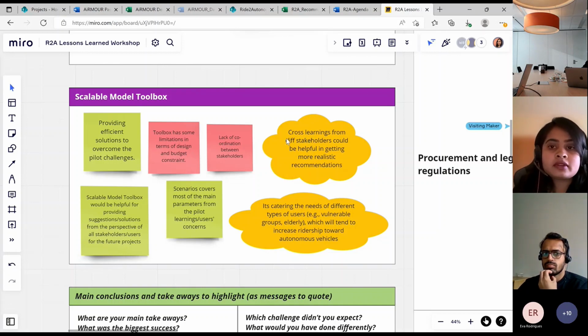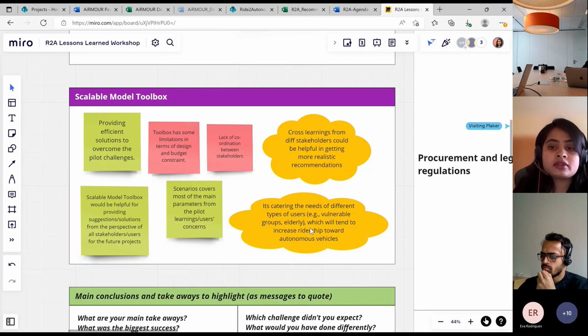And we have key takeaways like cross learning is always important from all partners and stakeholders, to get more realistic recommendations.